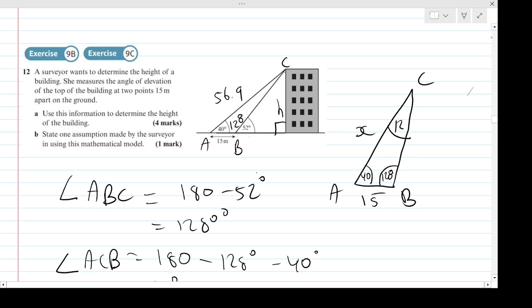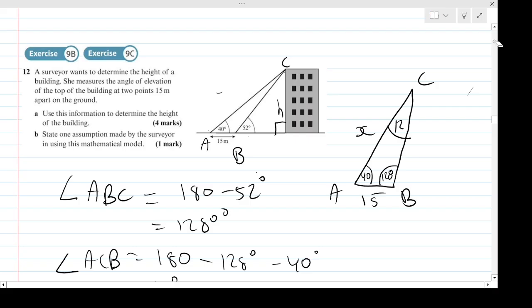Then for part B, state one assumption made by the surveyor in the model. Again, fairly common, worth one mark. So why would that not be in the most realistic model in the real world? There are probably many things you could say why this sort of triangle is not realistic.